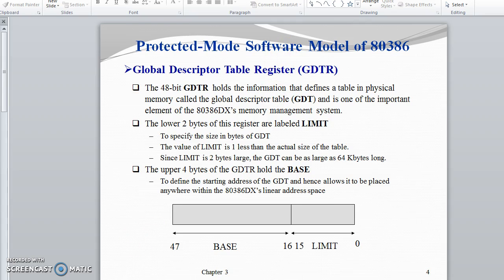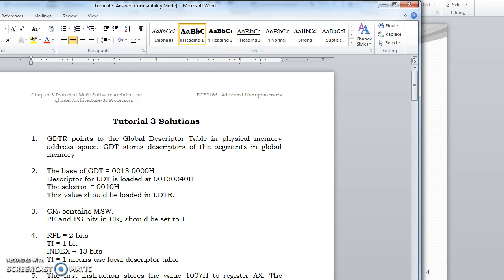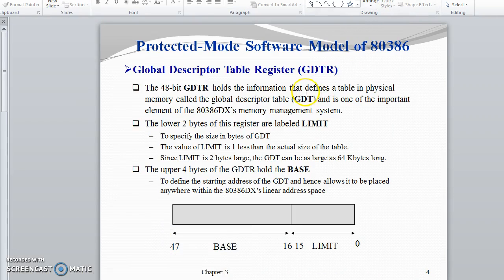So, in summary, we can say that GDTR points to the Global Descriptor Table in physical memory address space. What it stores is the descriptors of the segments in the global memory, as mentioned in the slides.